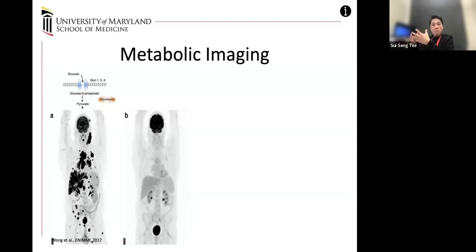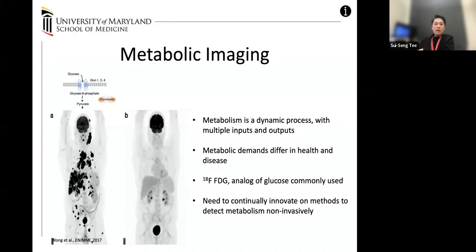So we can see metabolic imaging, looking at how glucose is utilized by tumors, is of great utility, right? So metabolism is very dynamic, and that sort of helps the utilization of metabolic imaging as a tool, right?